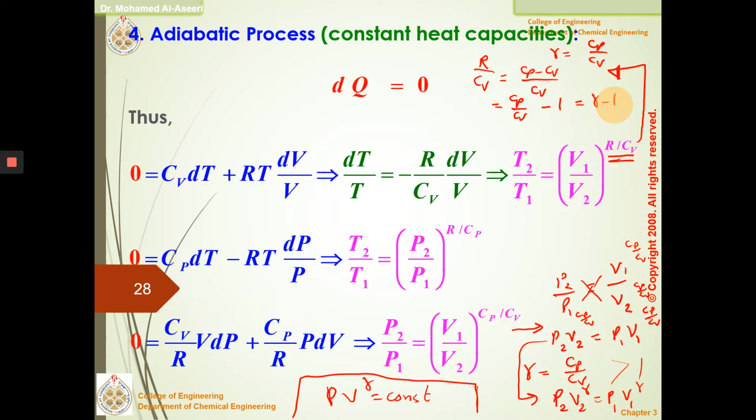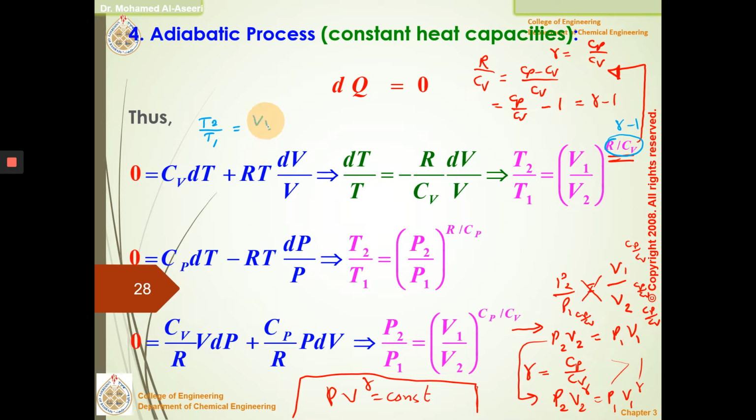Okay? All right? So if that is equal to gamma minus 1, let me just use another color so that things don't become a mess. If that is equal to gamma minus 1, now I have this as a gamma minus 1. All right? So I can then write T2 over T1 equal to V2 over V1. Doctora, why did you do this? No, I would keep it V1 over V2. I don't want to confuse you.